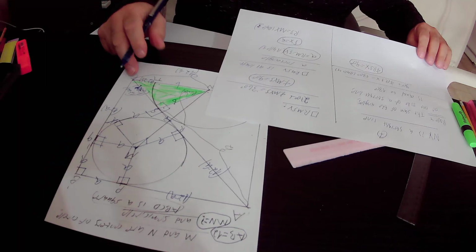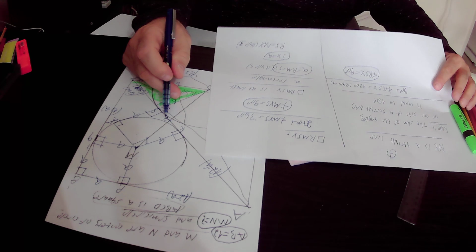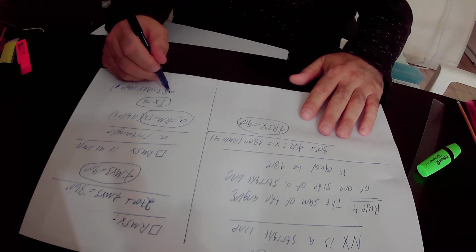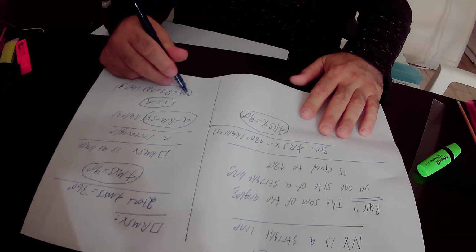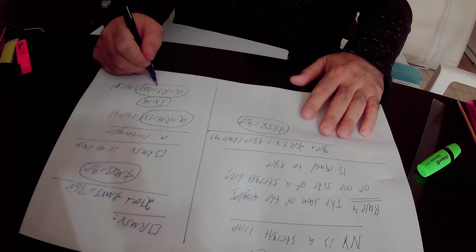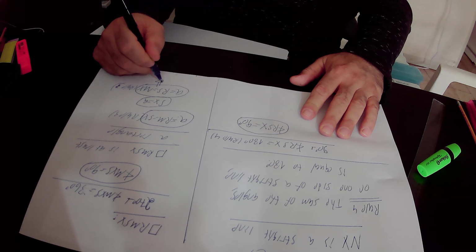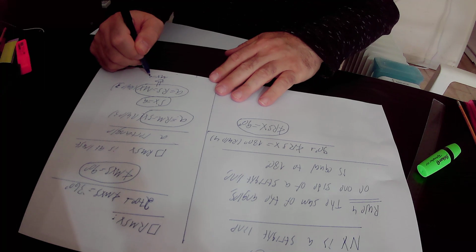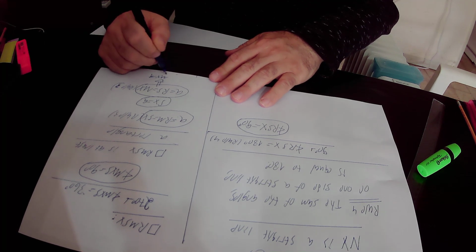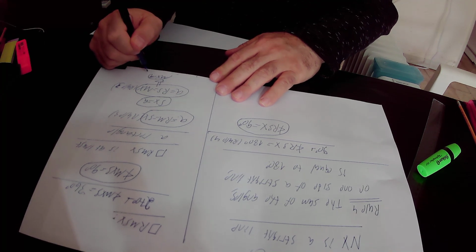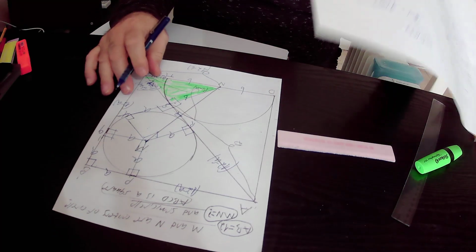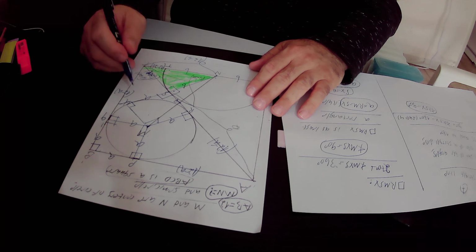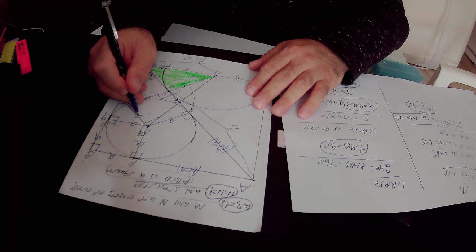But we have already found out that Rs equals A. So from A equals Rs equals Mx, we conclude that Mx is also equal to A. Okay, here Mx equals A.